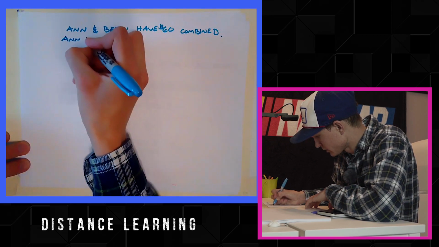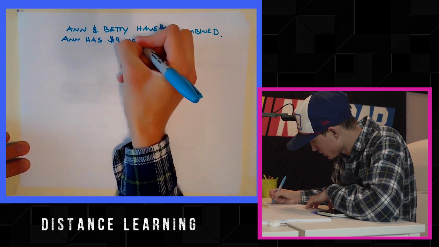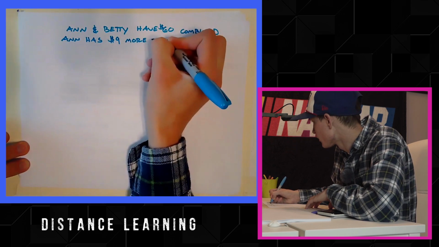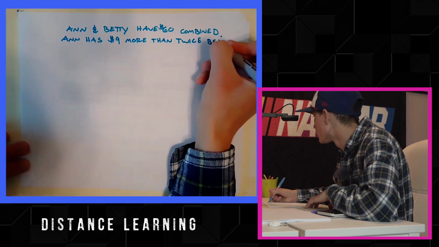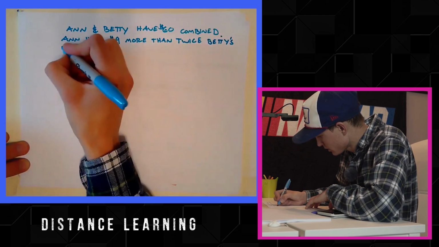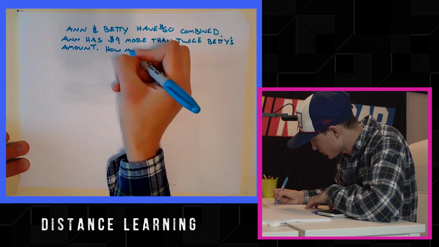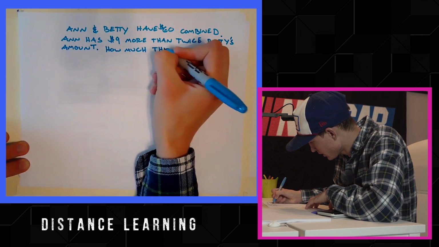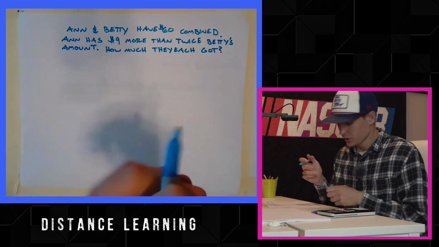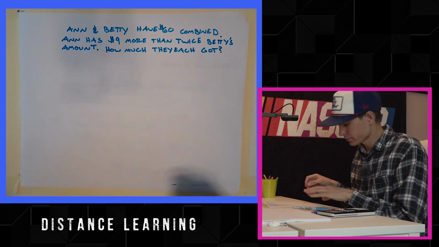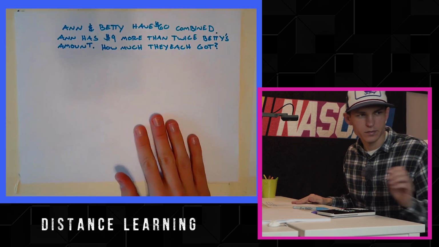Anne has $9 more than, it's a classic one, twice Betty's amount. How much do they each have?